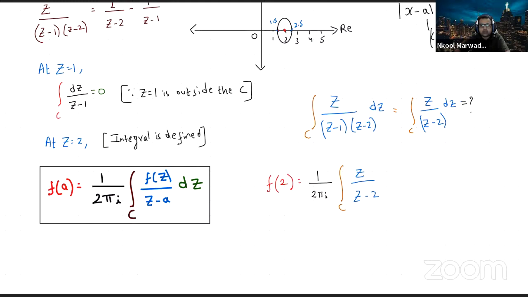Now very smartly, what I can do is, now that I'm very close to the solution, I can write using this formula that the contour integral of z upon z minus 2 dz is equal to 2 pi I multiplied by f of 2.